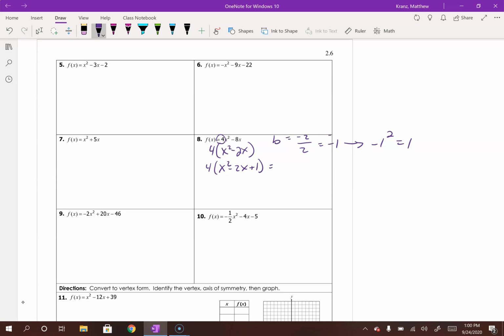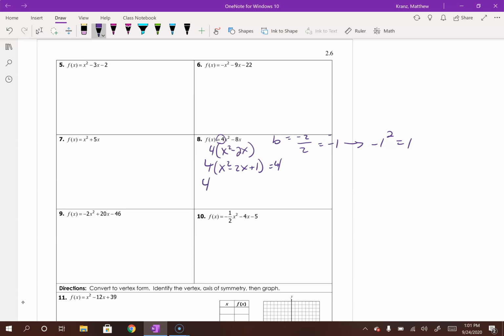equals, well, 1. Well, it would equal 1, but what happens is we have to multiply everything by 4. Okay, so basically this is just going to be a 4. All right, so this 4 here affects everything. All right, so now that I have that, I can complete my square.